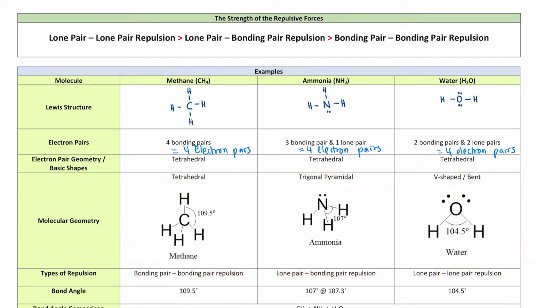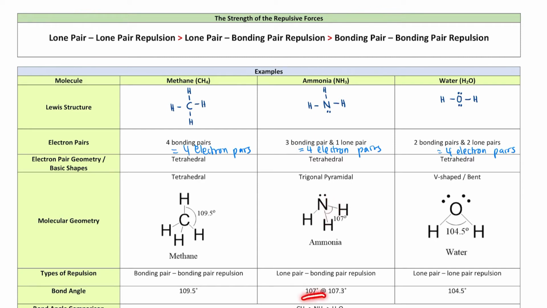Alright, so we can also relate it to the bond angle. As we can see the bond angle for methane is 109.5, which is the biggest among the 3. But for ammonia the bond angle is 107. It is getting smaller because there is repulsion between lone pair and bonding pair. So this lone pair and bonding pair repulsion pushes the bonding pairs closer to each other.